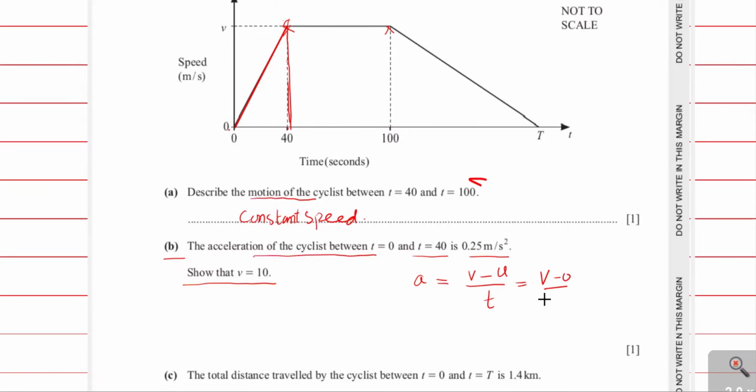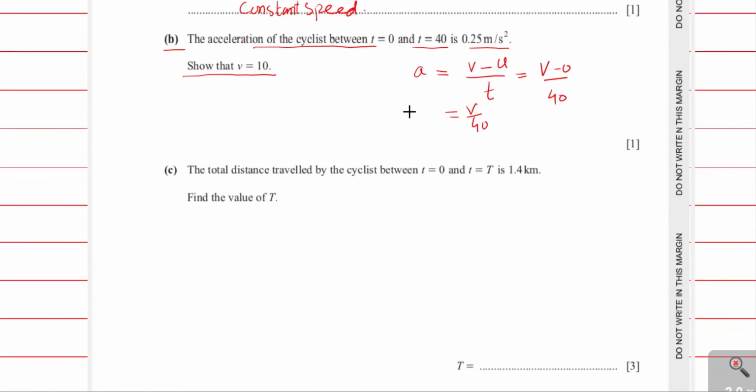The time here is 40 and acceleration here is 0.25. Therefore, v will be equal to 40 multiplied by 0.25, and this will be equal to 10, and this is the proof.